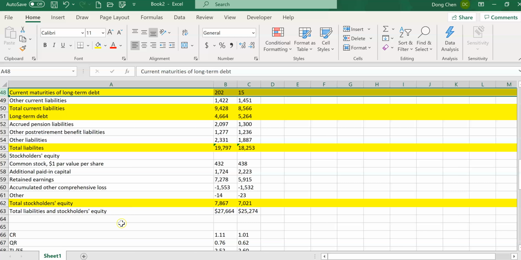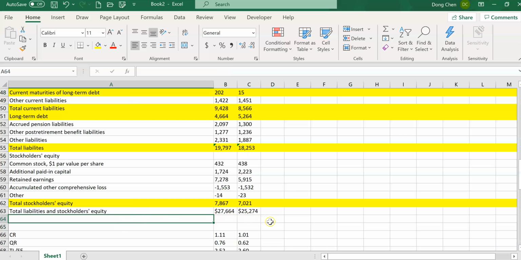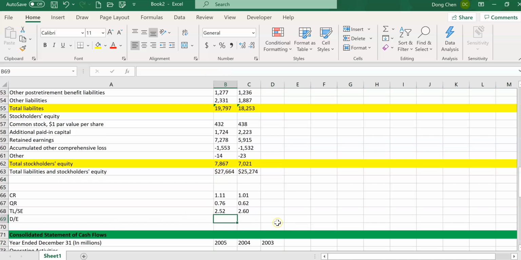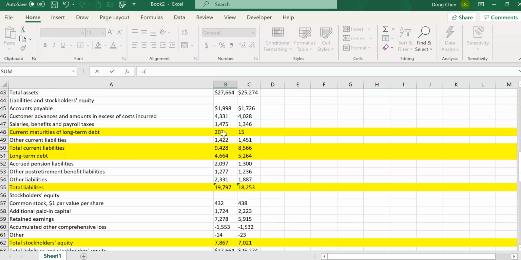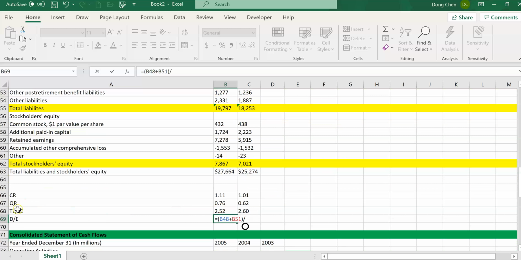So the debt to equity ratio can now be calculated by the current maturities of long-term debt, 202, plus the long-term debt. That's my numerator, and the denominator is the same as in the total liabilities to stockholders' equity ratio, which is the total stockholders' equity.